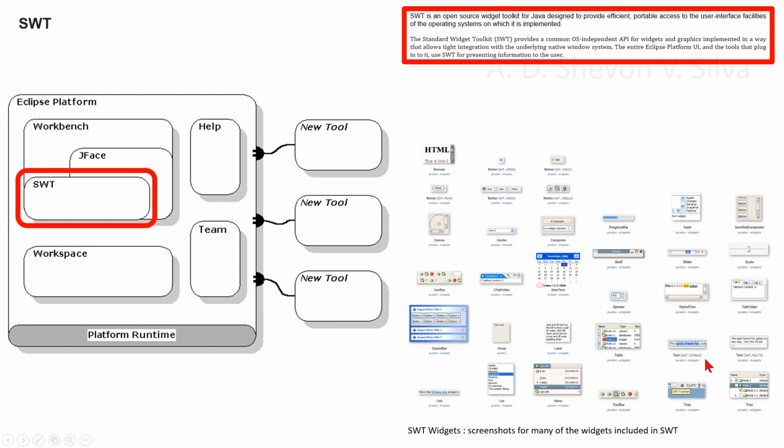Here you can see text with SWT.SINGLE. Here text with SWT.MULTI. Toolbar, class ToolBar. Instances of this class support the layout of selectable toolbar items. Tray, class Tray.